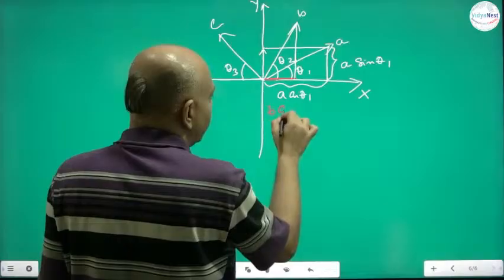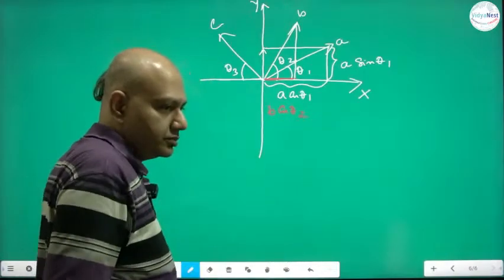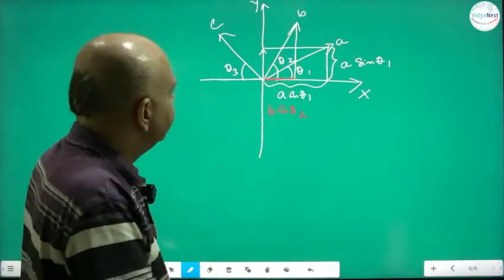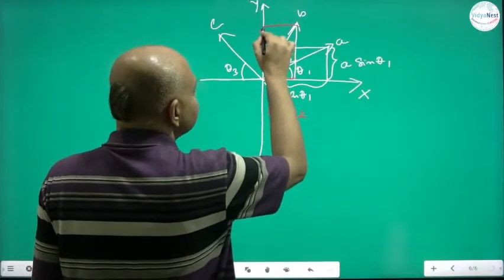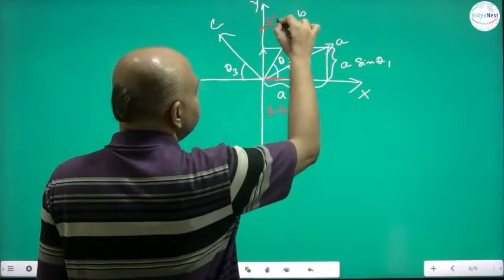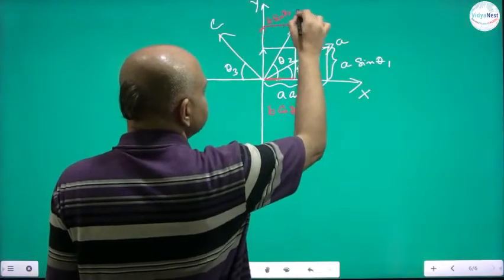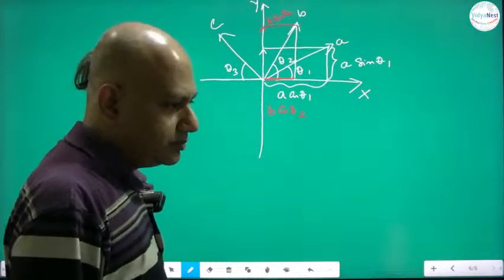B cos theta 2, this much of length, and the y component, this length, B sin theta 2, isn't it? Very good.